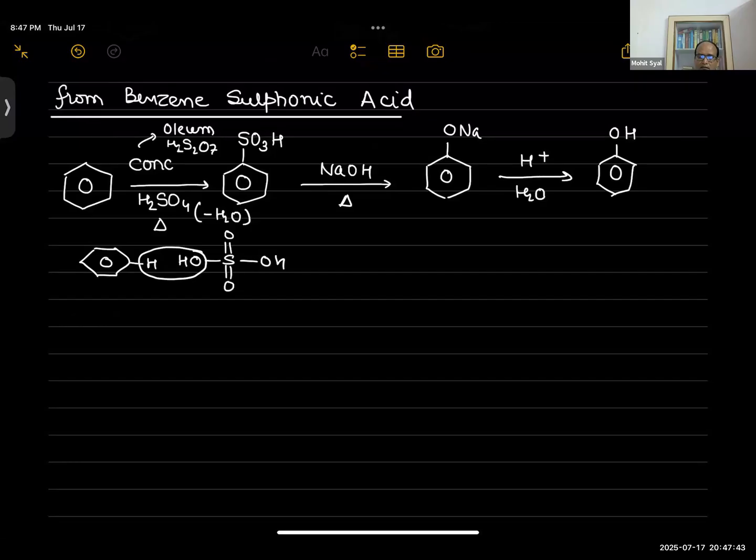And the next method is the benzene diazonium salt.